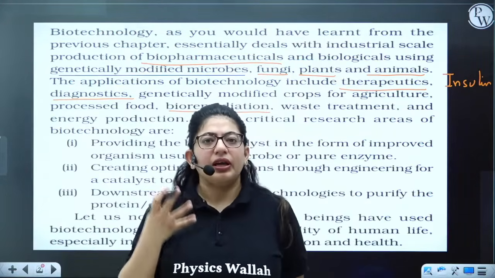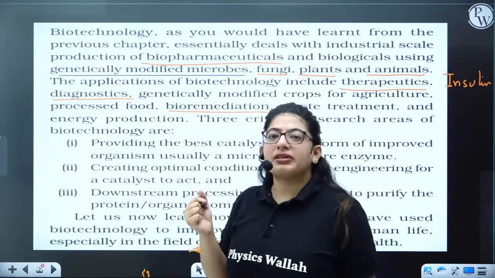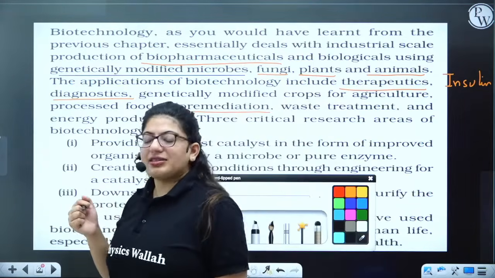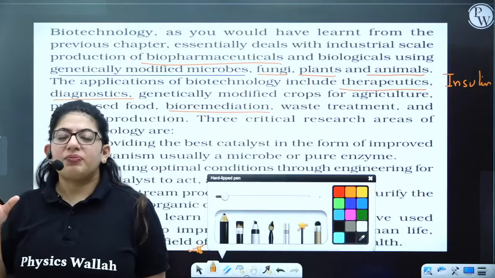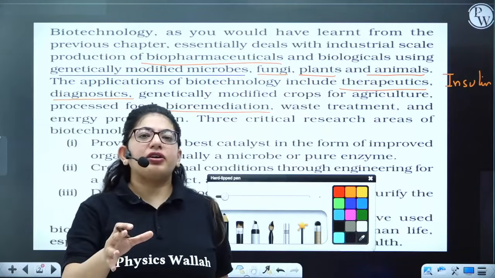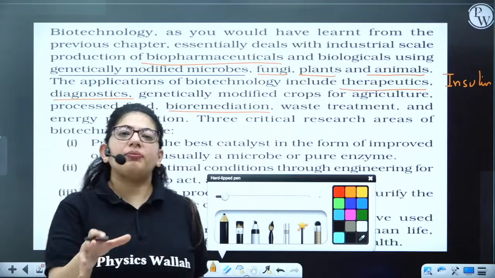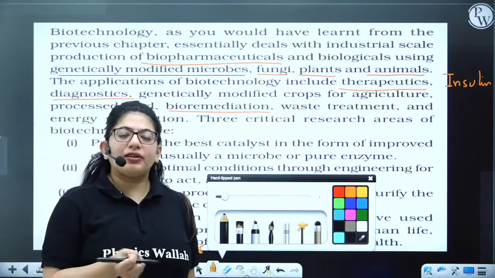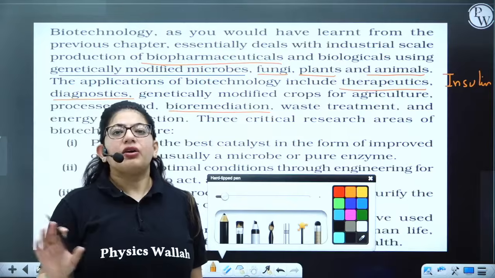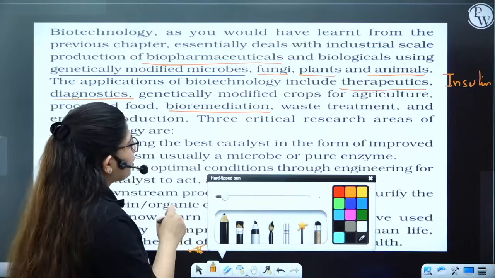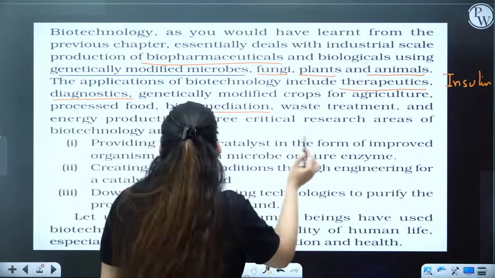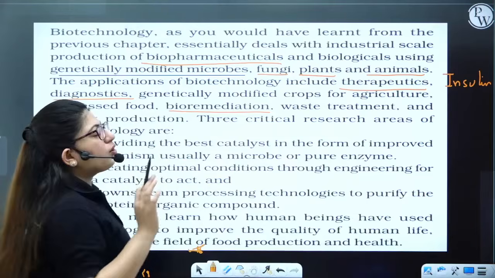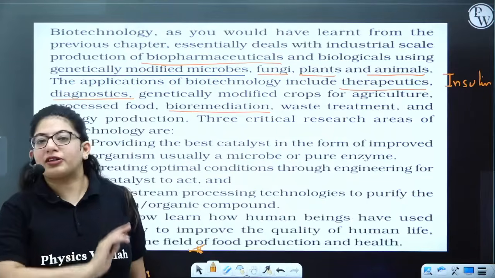For example, wherever there are oil spills, a particular bacterium is spread out so that the bacterium can eat that oil, and the oil vanishes from the oceans. Fine. So that's bioremediation. Then waste treatment, and energy production. So for all these things we can use biotechnology.